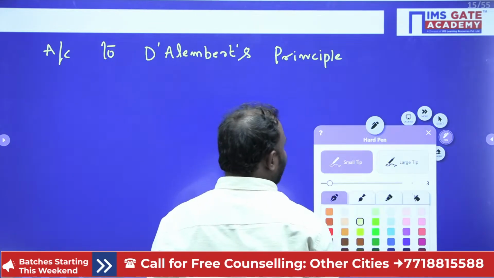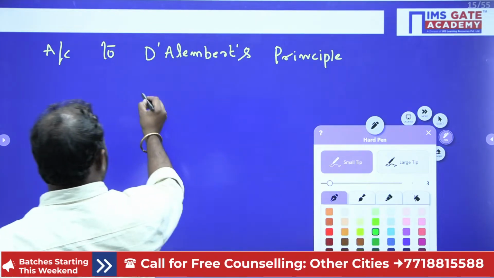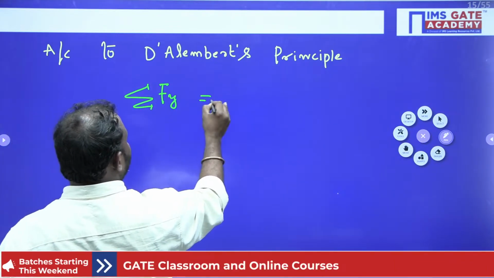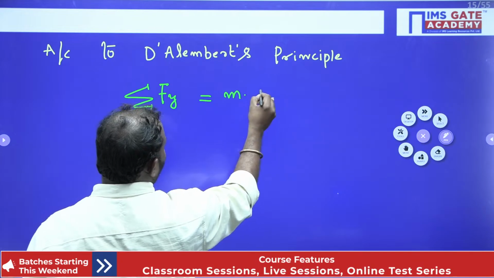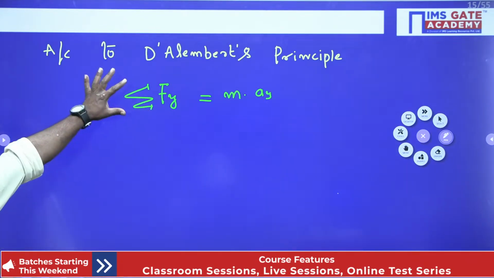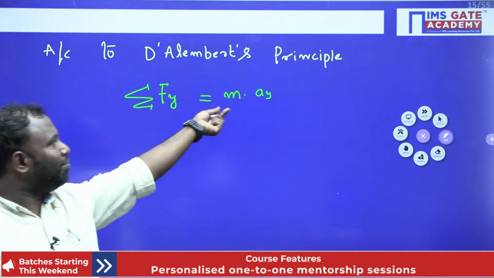How can I write my equation? Sigma Fy is equal to m dot ay. Clear everybody?